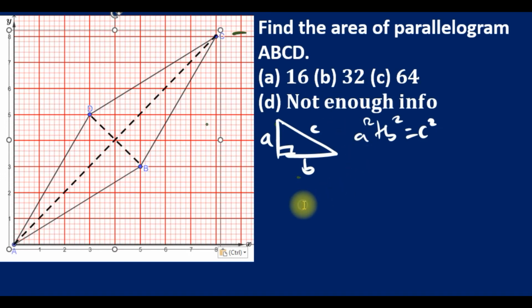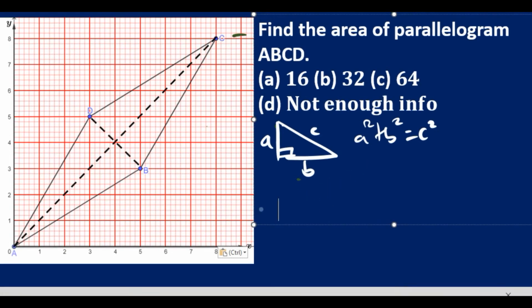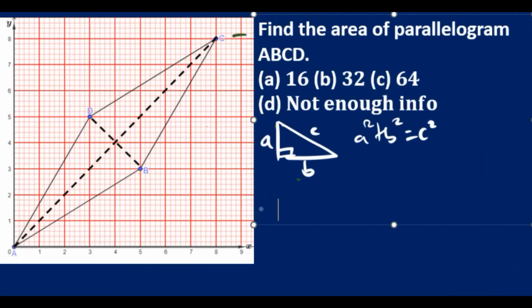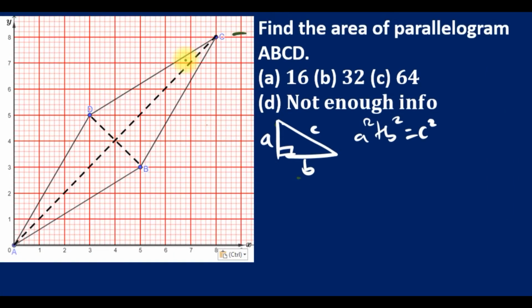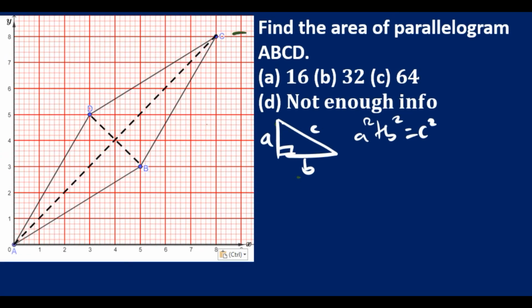So we've joined the vertices. We know that the area of a rhombus is half times the product of the diagonals, so our main aim now is to get the length of the diagonals.